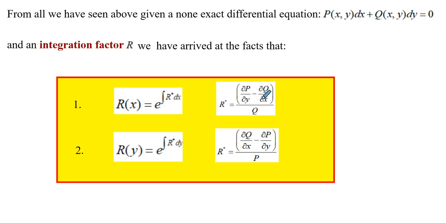We exchange p for q and x for y, and then you've got delta q delta x, minus delta p delta y, and over p. So I hope you find it easy to remember this kind of formula.